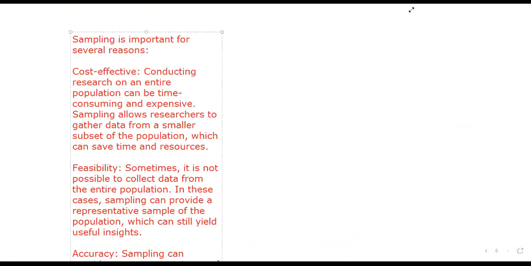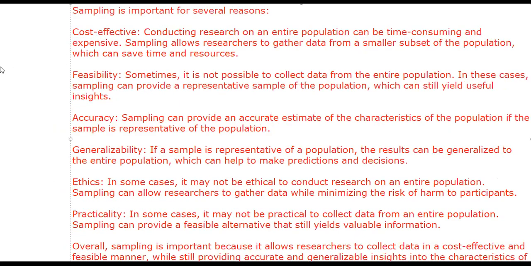Sampling is important for several reasons. Number one, you may not have enough funds to research the entire population. And moreover, it may be time consuming and expensive. So sampling allows researchers to gather information from smaller subsets. After all, it will save your time and resources.